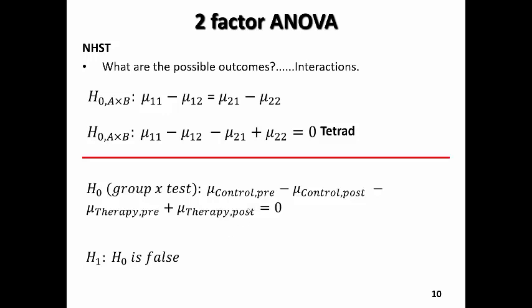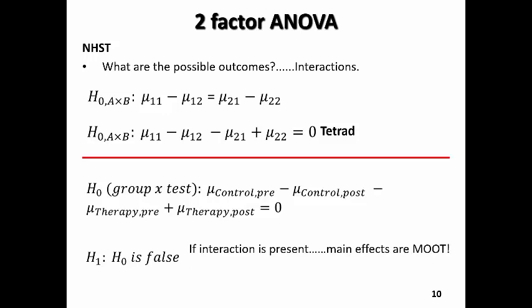There are different types of interactions that could be present if we reject the null hypothesis, and for that reason we would just simply state that the null hypothesis is false for the alternative. So we're going to consider either one of these, not both at the same time, with our statistical testing.